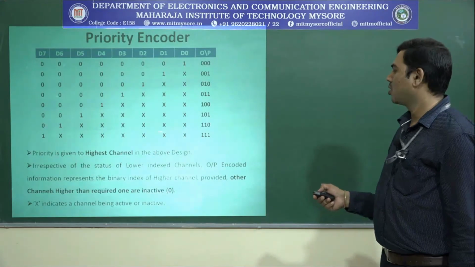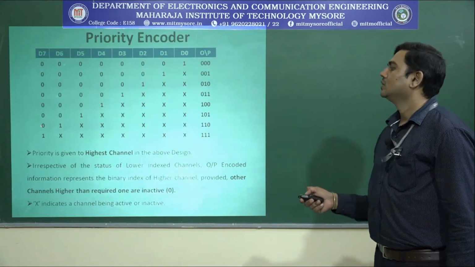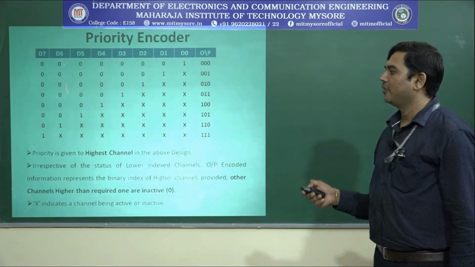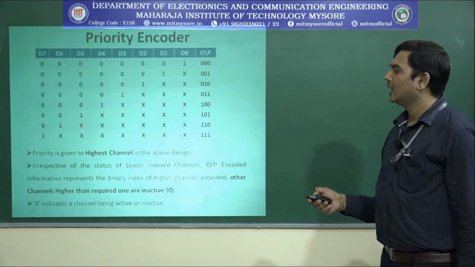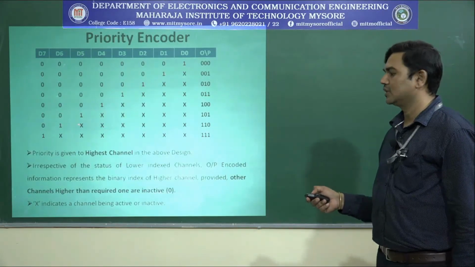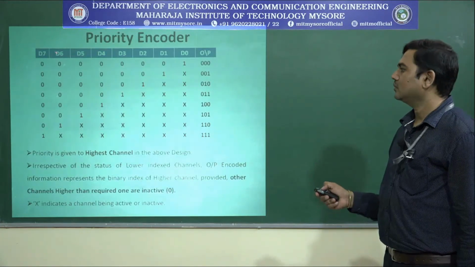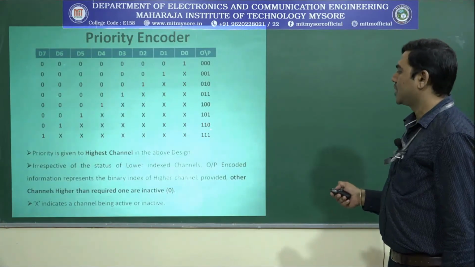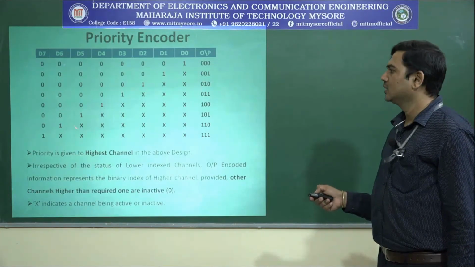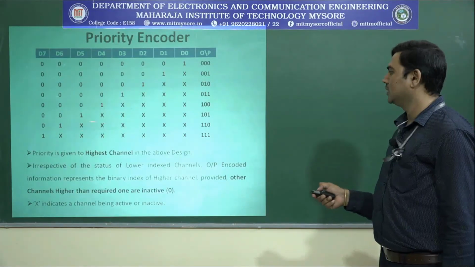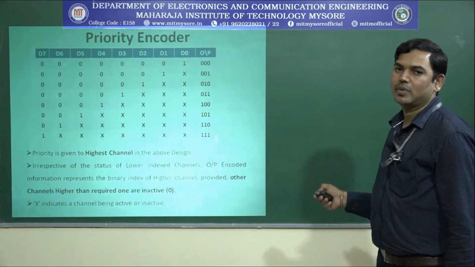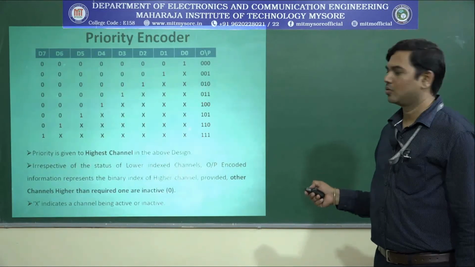Now, let us look into this. What is this row indicating? Suppose D7 is off and we have pressed D6, irrespective of D0, D1, D2, D3 up to this point, the channel index will be 110 at the encoder, meaning the highest channel of all these is D6, that is high, so that particular channel's index will be available at the output of the encoder.